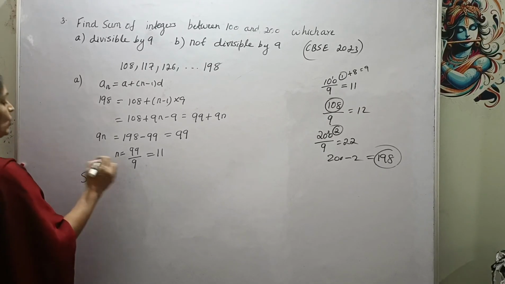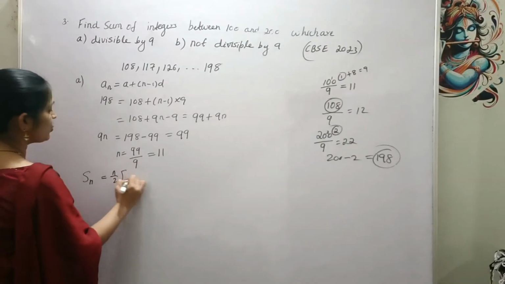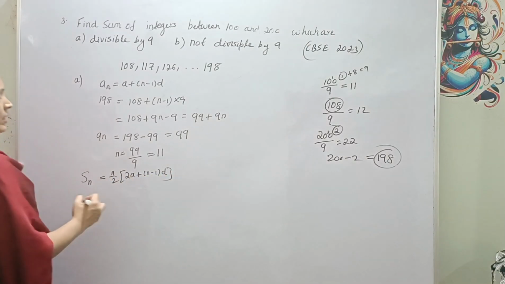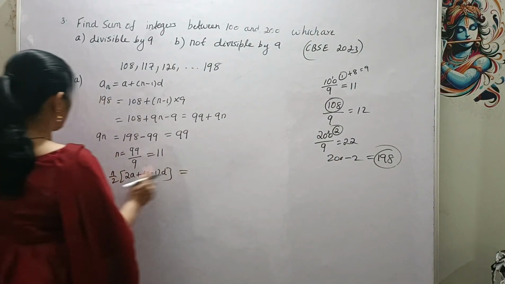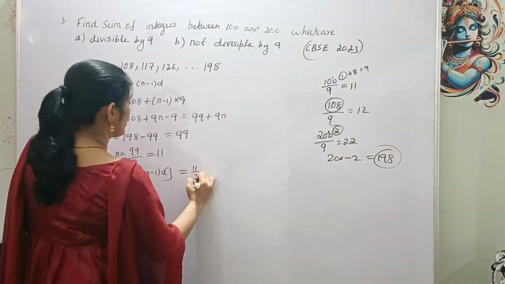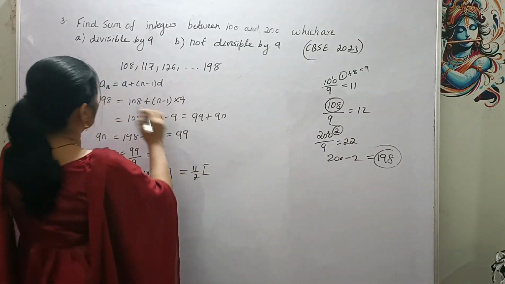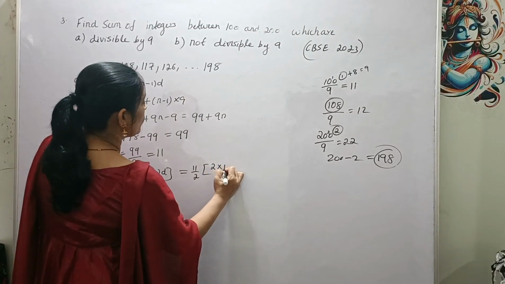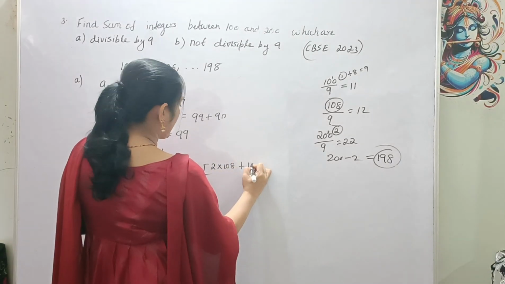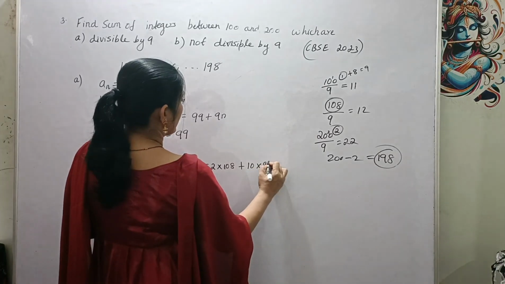Sn is equal to n by 2 into 2a plus n minus 1 into d. That is equal to, here n is 11, 11 by 2 into 2 into 108 plus 10 into d, d is 9.